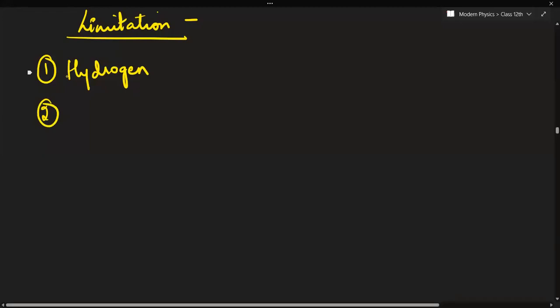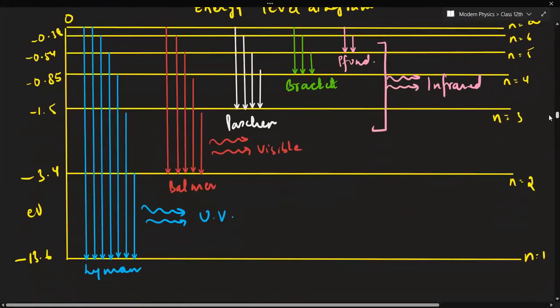Then the second limitation says that in the spectral series we have studied, there is not a single line. This is an entire group of closed lines. Even if I talk about the Lyman series, every radiation will have its own different frequency, right? So that becomes a limitation. These are not single lines, they are groups of closed lines with slightly different frequencies.